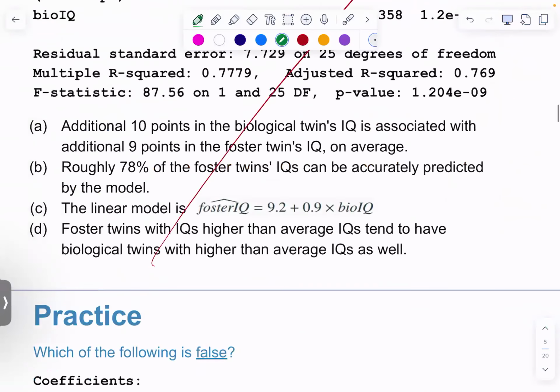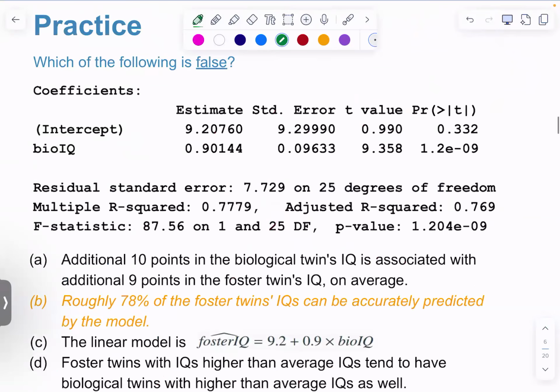I only slashed that one because we're going to work on this one. They're the same. So Excel generates similar output to this.